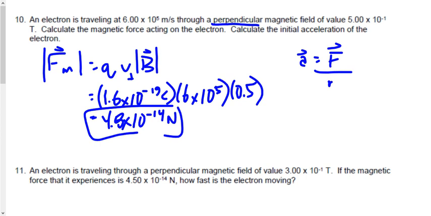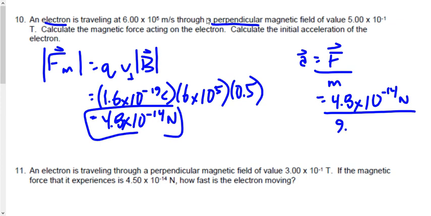So we're going to say here, it is 4.8 times 10 to the negative 14. We'd use our unrounded number, but I think that is the unrounded number already. Divided by the mass of the electron, which is 9.11 times 10 to the minus 31 kilograms.